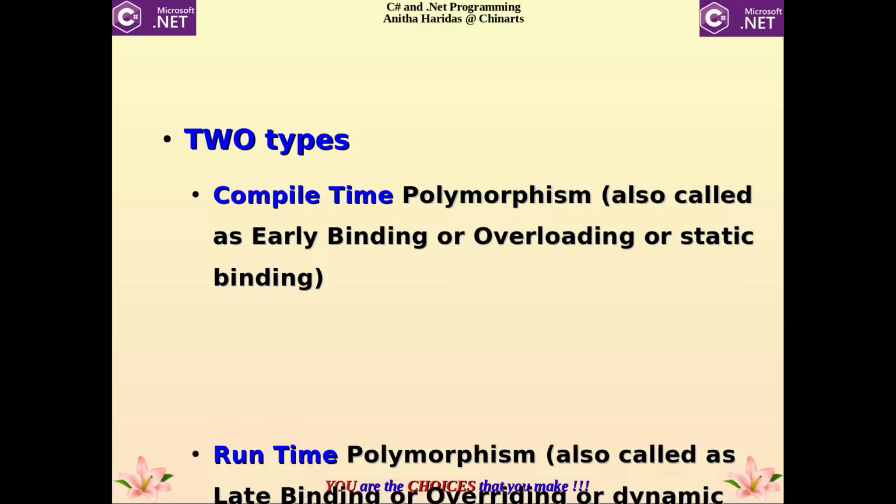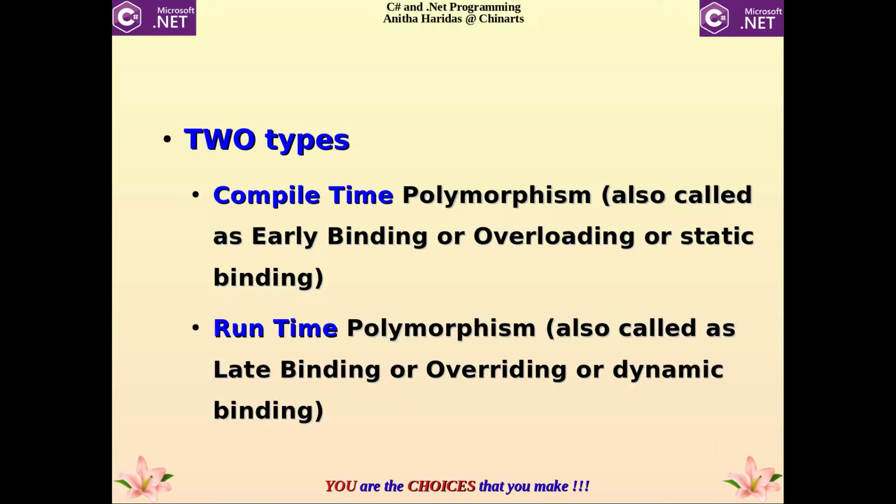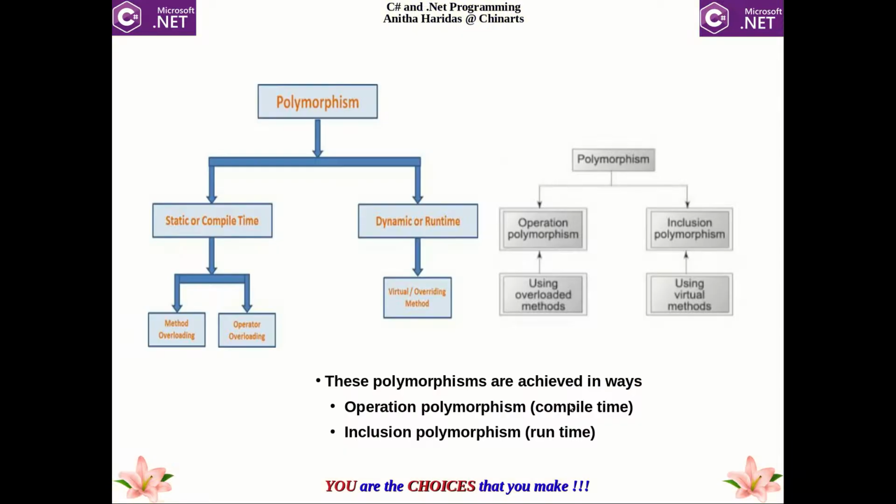The other is known as runtime polymorphism. Compile time polymorphism is also called early binding, overloading or static binding, whereas runtime polymorphism is otherwise called late binding, overriding or dynamic binding. These are the other terms given for these two types.